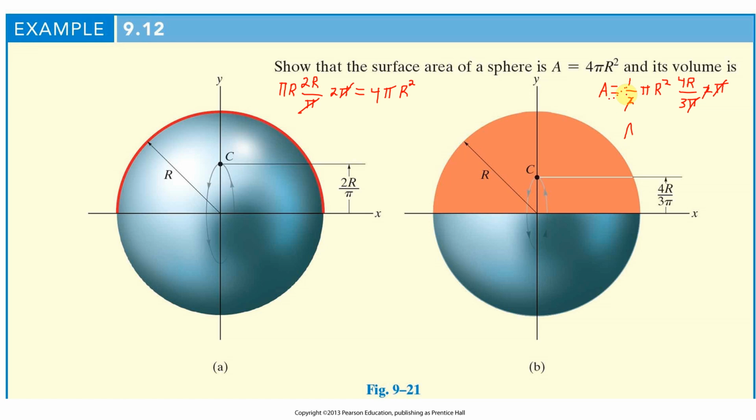Volume. What did I say? This is surface area. Scratch this. Volume equals the area of the orange, distance of the centroid, times the angle.